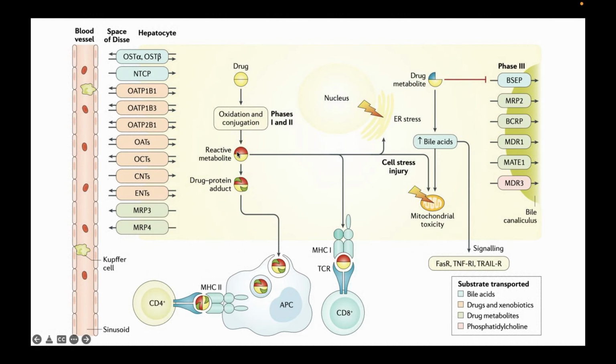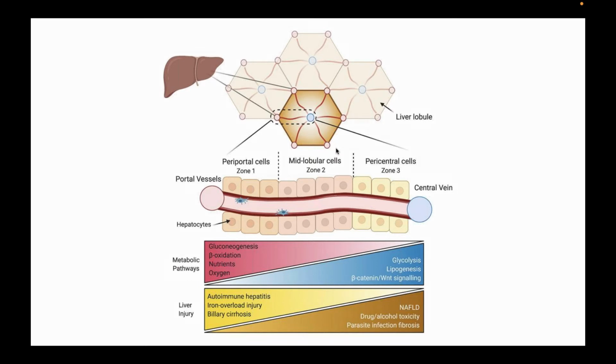The metabolites of the drug can be reactive, and they can induce cell stressors, as we mentioned. They can also induce an immune reaction, but can also block the secretion of bile acid, which may end up in cholestasis, or cholestatic hepatitis if it also induces an immune reaction. Again, there's no point in memorizing every single transporter. Just knowing the general concepts of how the injury occurs is more important.